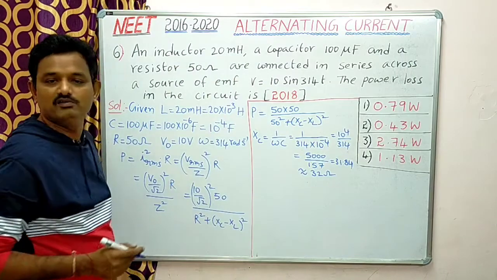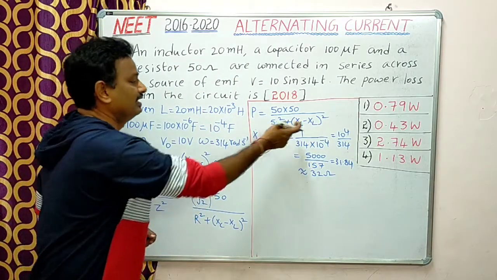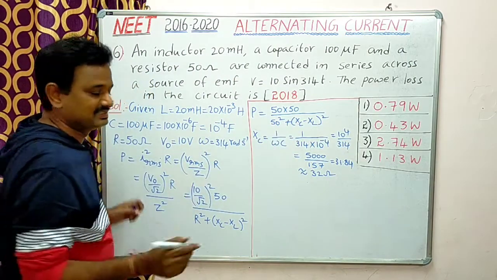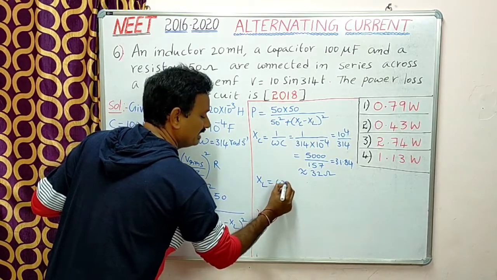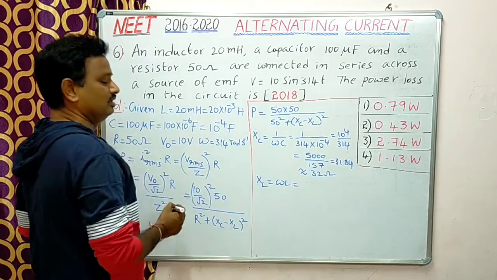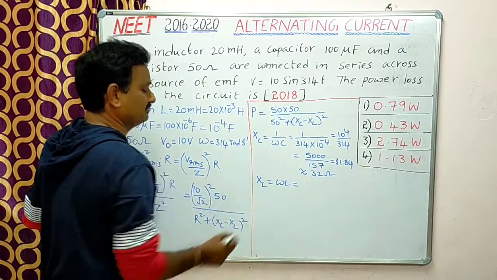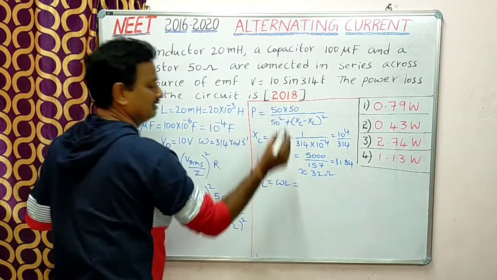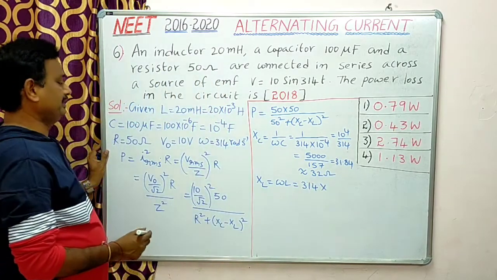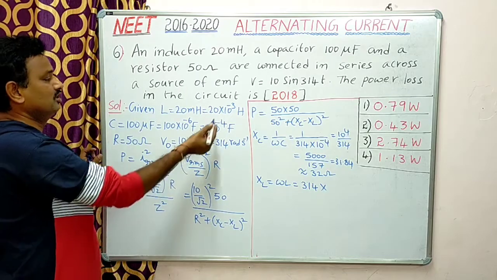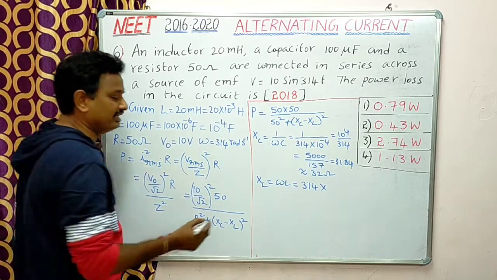Okay. Now I will find the inductive reactance. That is X_L is equal to omega into L. Okay. See, omega means here 314 into L. L means 20 into 10 power minus 3 Henry.